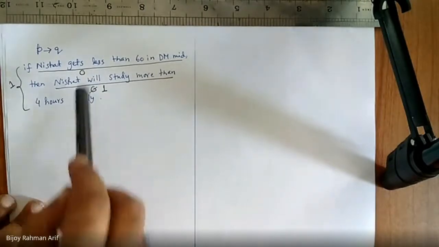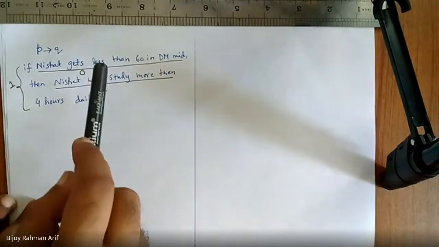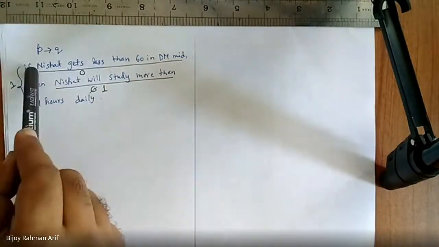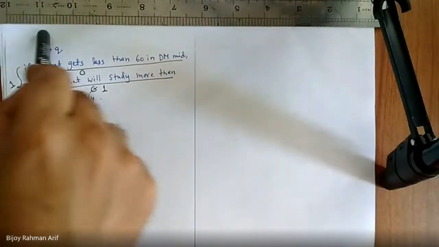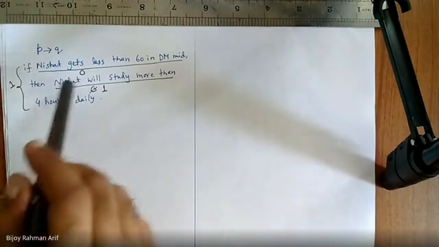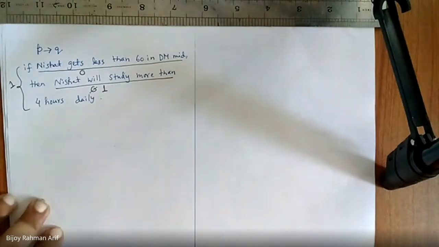That direction only says that if she gets less than 60, what is she going to do? If the first statement P is true, then what should be the status of Q? That is all it says. It never says what Q is if the first statement P is false.